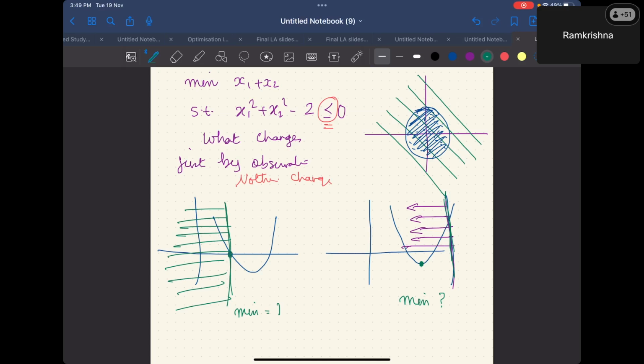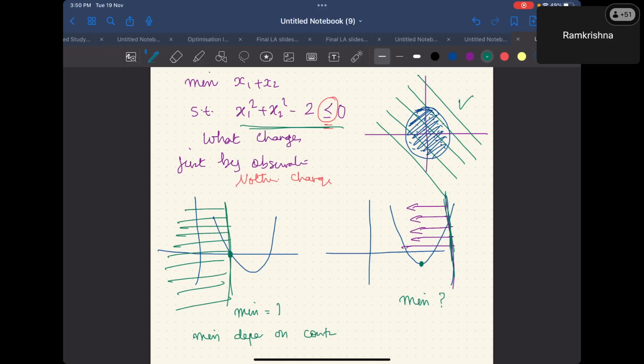This happens when I have an inequality constraint like this. In this case my minima doesn't change, whereas in a problem like this, the minima really depends upon the constraint set.